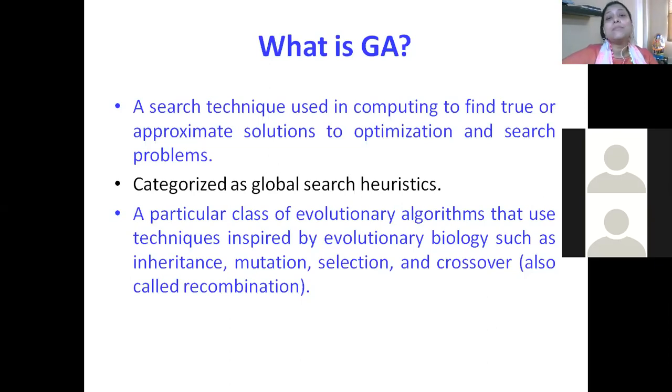So now, coming to all the evolutionary algorithms, we have only genetic algorithm in our syllabus, which is the simplest one, the most primitive one, the first ever discovered evolutionary algorithm approach. So now, what is genetic algorithm?